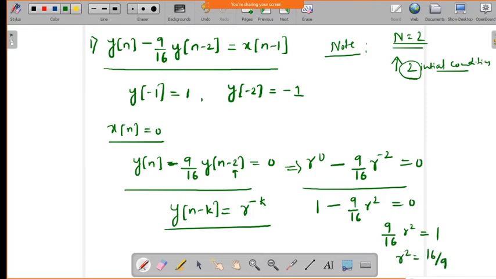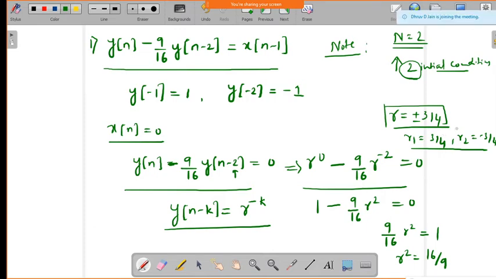Now what is the r value? The roots of the equation are plus or minus 3 by 4. So, we can take r1 as plus 3 by 4 and r2 as minus 3 by 4. These are the roots of the characteristic equation.